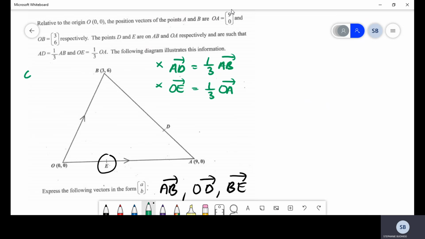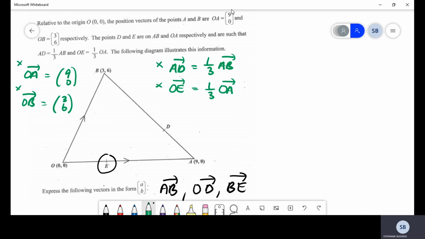I'm also going to state all the values of vectors that the question has given. They gave us two position vectors having the following values. So that's all our essential information, four bits of information. Now we can go ahead and begin to work.